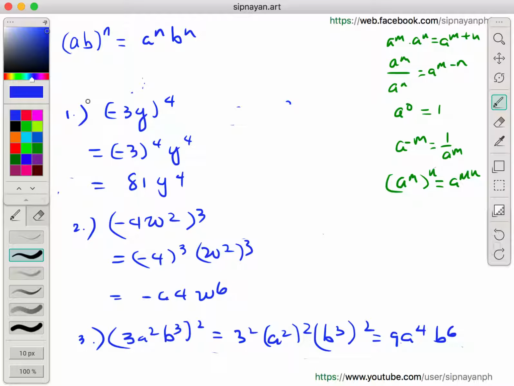I think that's it. Siguro one more example. Number 4, what is (3x squared y to the 4th) squared over (2y cubed) cubed? So paano yan?